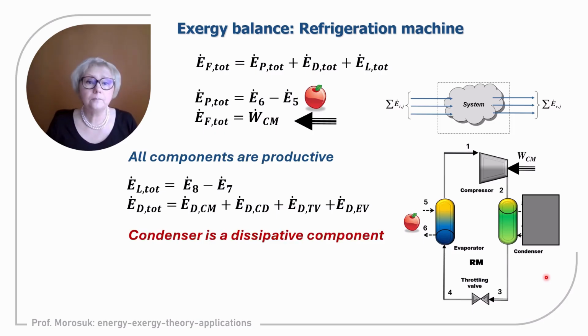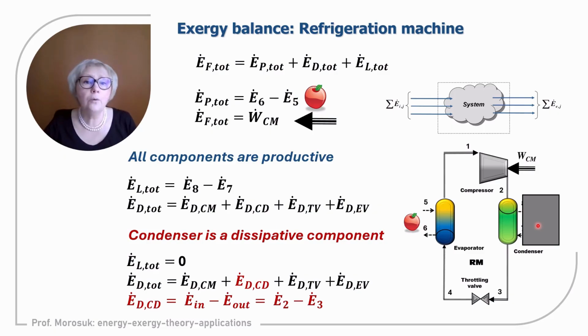Then we don't need to have information about the stream of cooling media coming to the condenser. Sometimes we don't even need to simulate, so to calculate the properties of streams 7 and 8 for cooling of the condenser. We don't need to calculate the exergy of these streams, so actually we can fully subtract these streams from the simulation and from the analysis if the condenser is a dissipative component.